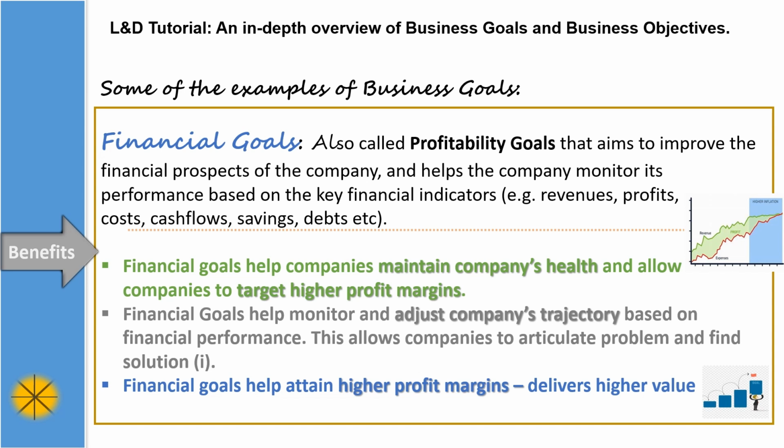Financial goals also help monitor and adjust companies' trajectory based on financial performance. This allows companies to articulate problems and find solutions to achieve long-term financial goals. Financial goals help attain higher profit margins and deliver higher value for the equity owners.